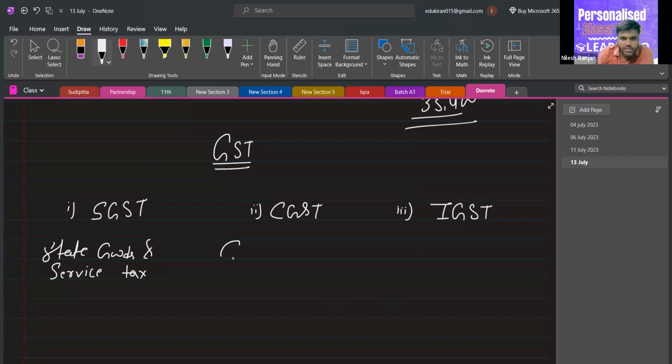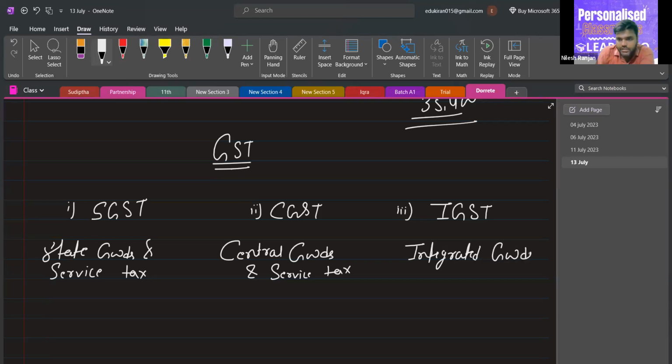CGST means Central Goods and Service Tax. And the last one is IGST. It means Integrated Goods and Service Tax. So there are three types of GST: SGST, CGST, and IGST.